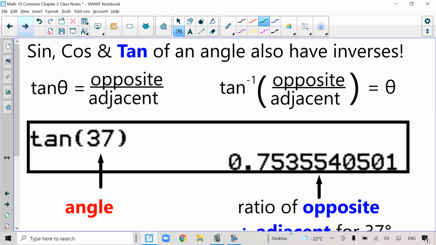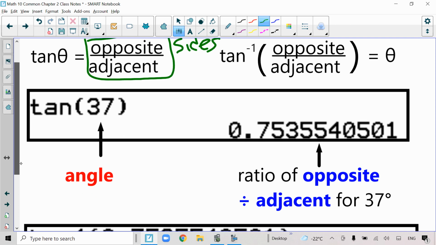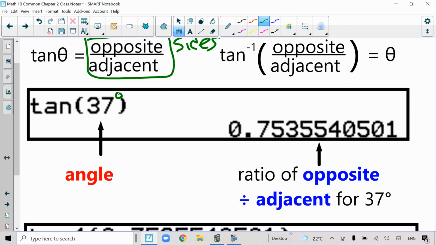Now let's look at tan. Tan, we already know, is the ratio of opposite over adjacent. These are the sides. If I do tan of an angle, I will get the ratio. So tan of 37 degrees is equal to about 0.8.